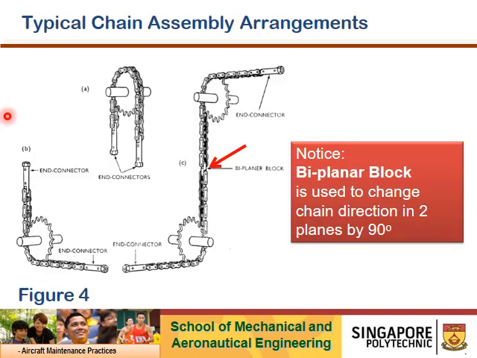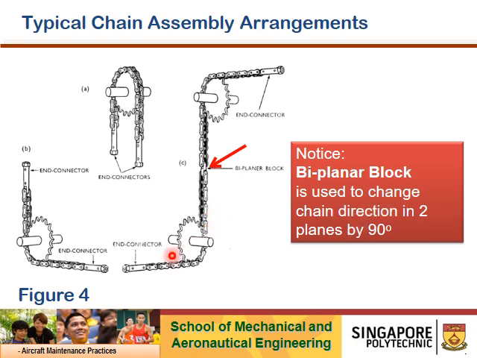So this is a typical chain assembly arrangement. We will need a sprocket wheel, okay, to change the direction. Do take note that there's a biplanar block. This biplanar block allows the user to change the chain direction in two planes by 90 degrees.